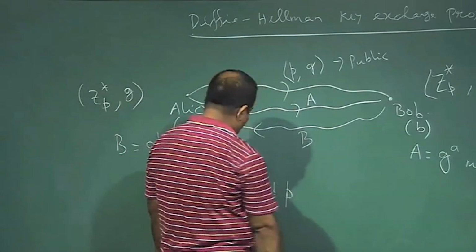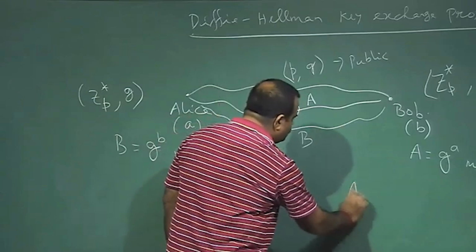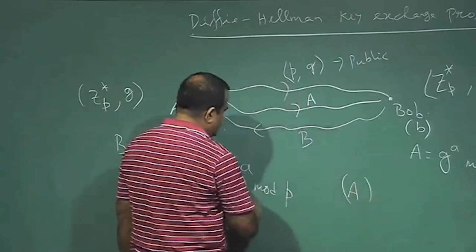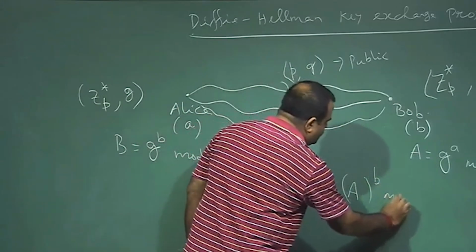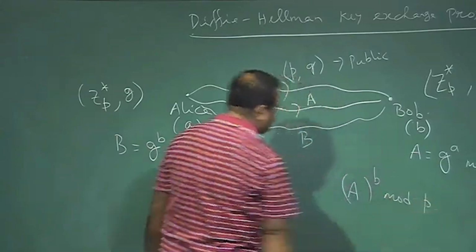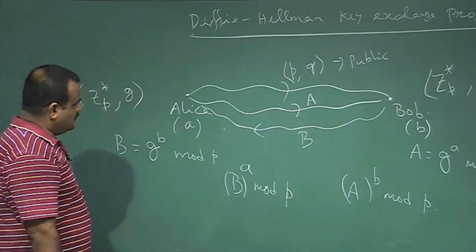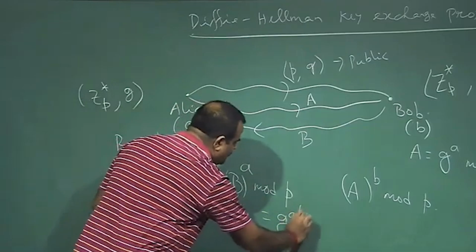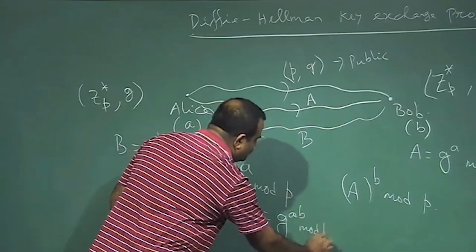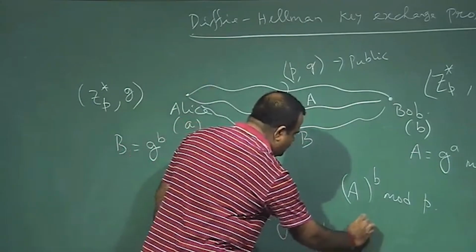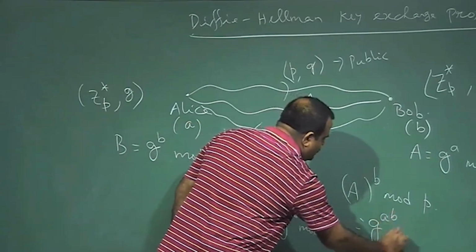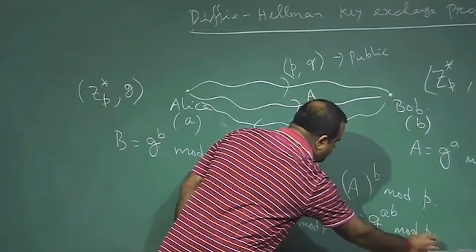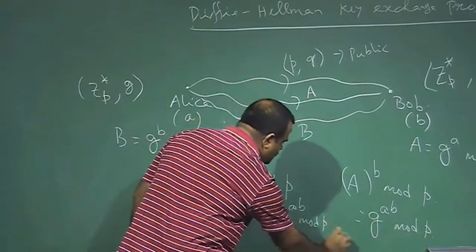So what will Bob compute? Bob will compute A to the power b mod P. Now this is nothing but G to the power ab mod P, and this is also G to the power ab mod P. So this is the common key K.